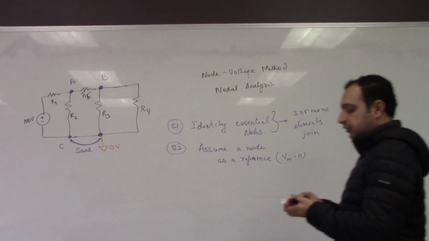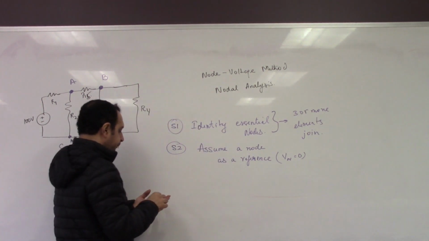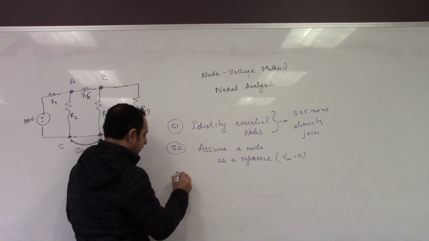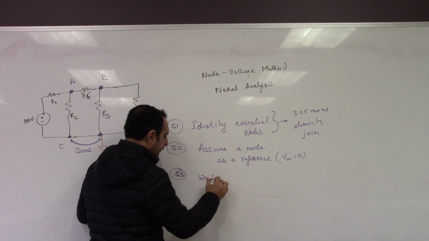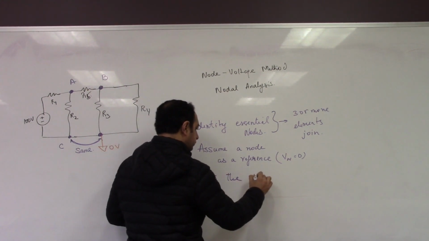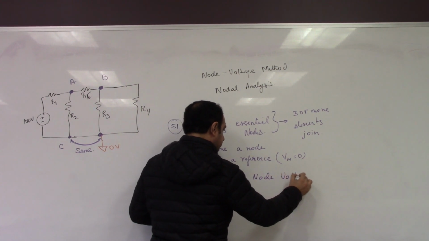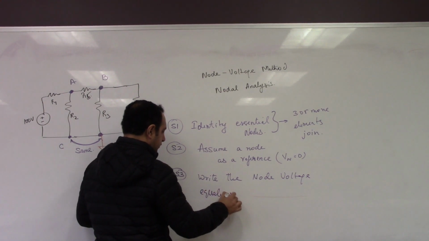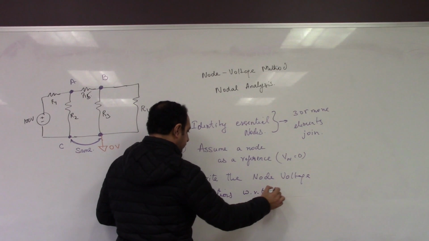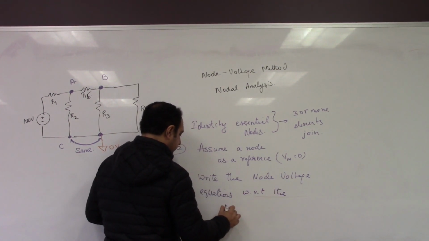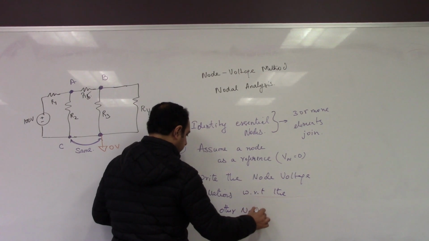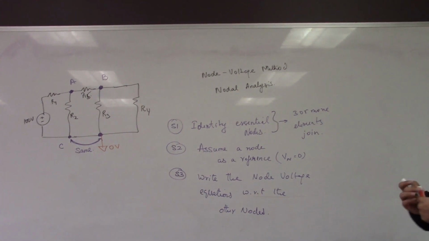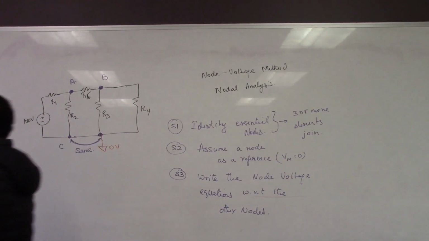Now the last step is to write the node voltage equations with respect to the other nodes, the other nodes here being A and B. It's very simple.